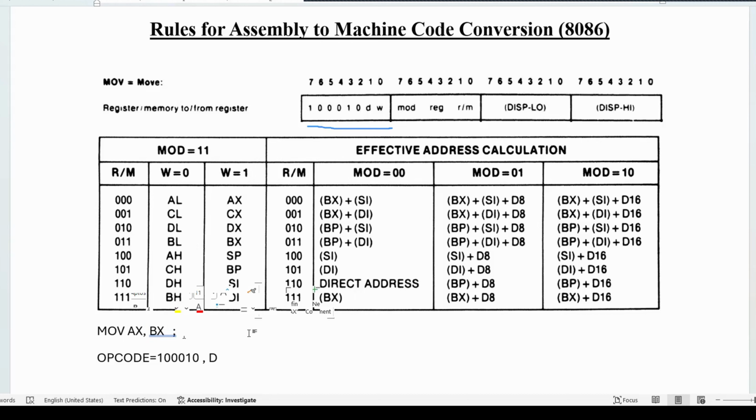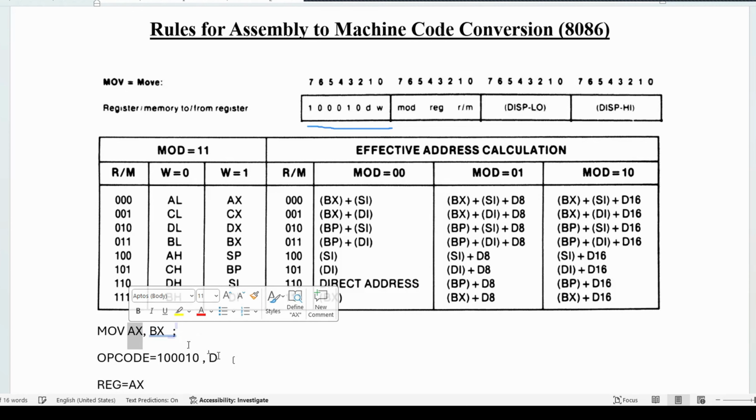So I'm going to choose the destination. Let me write in the next line because it is all about byte 2. So the register field is AX, and since AX is chosen, which is the destination, D will become 1.